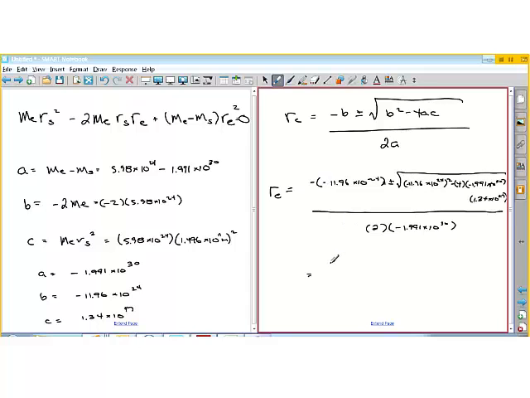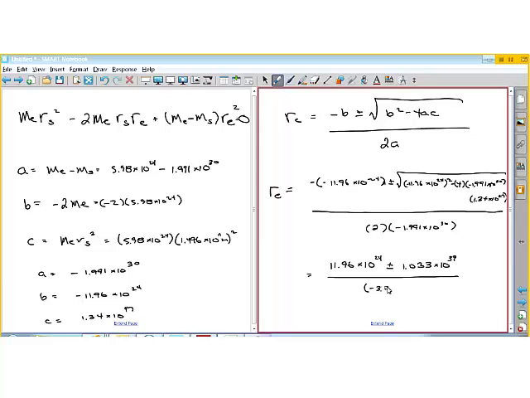Okay, so this is negative times negative, so we'll get 11.96 times 10 to the 24th plus or minus 1.033 times 10 to the 39th divided by negative 2 times 1.991, which is 3.982.